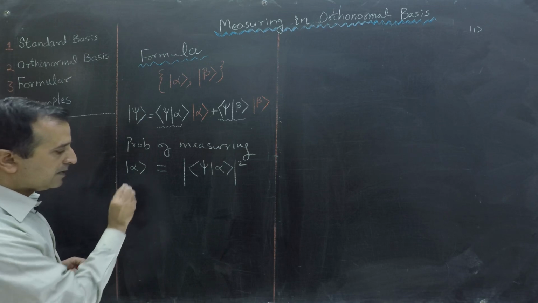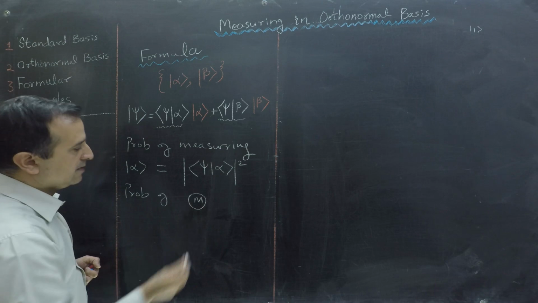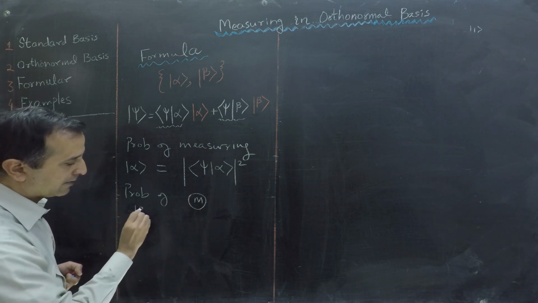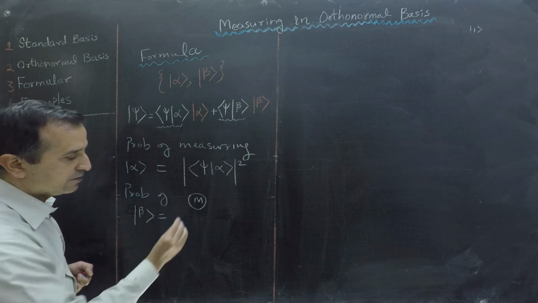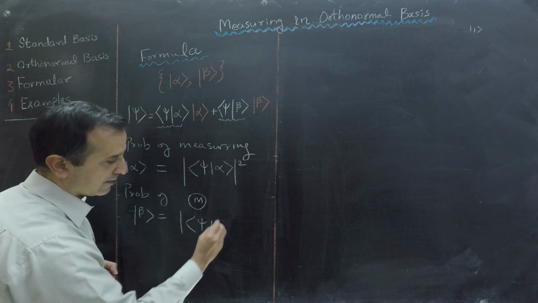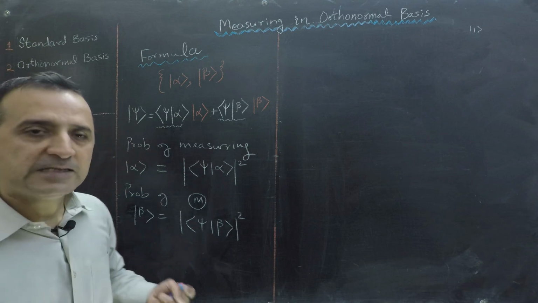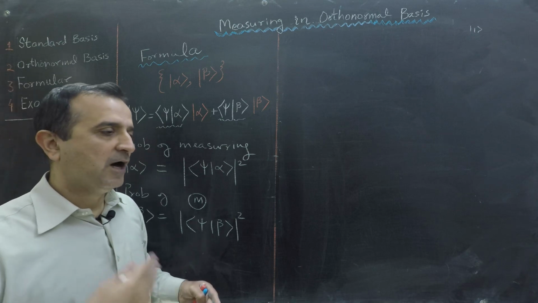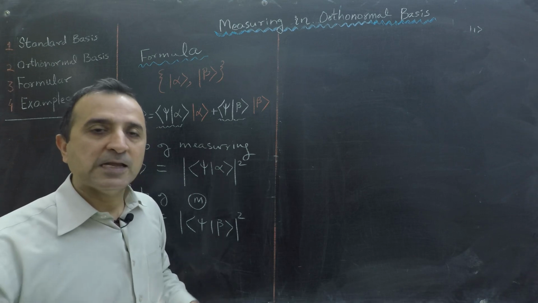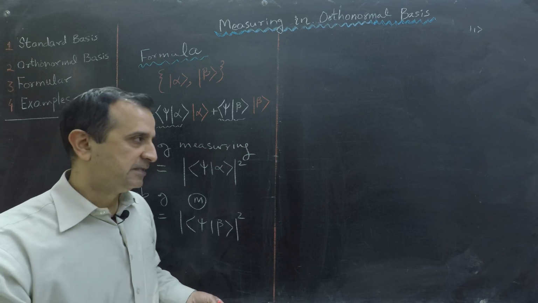So the probability of measuring ket beta is equal to the square of this number, and that's pretty much how we can measure our qubits in any other orthonormal basis, bases which might not be the standard basis.